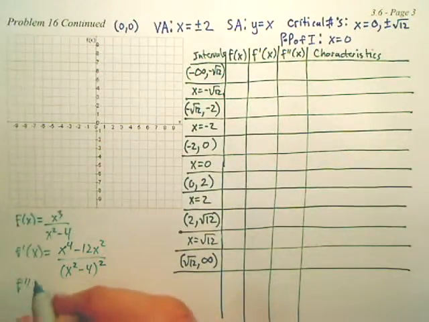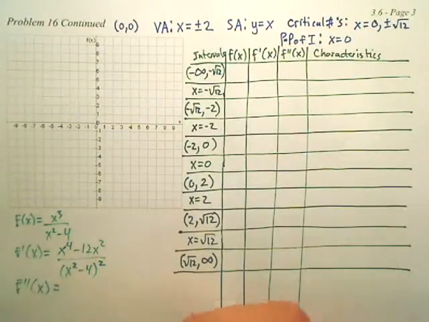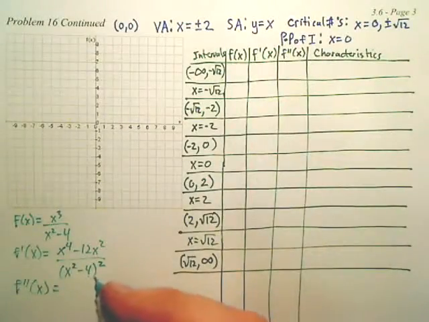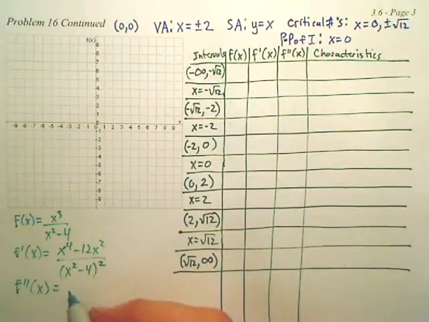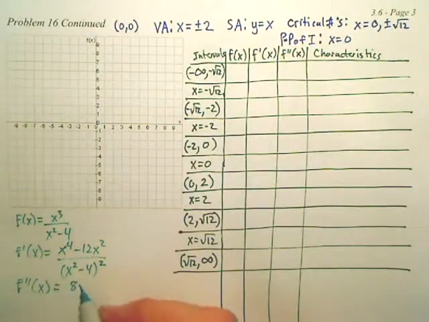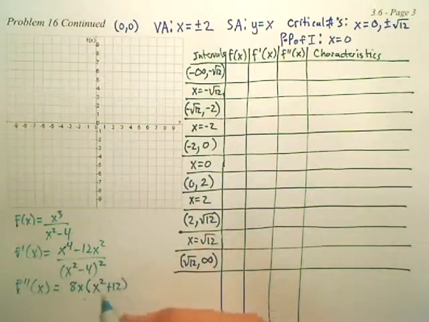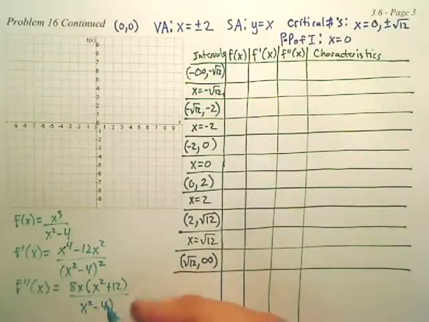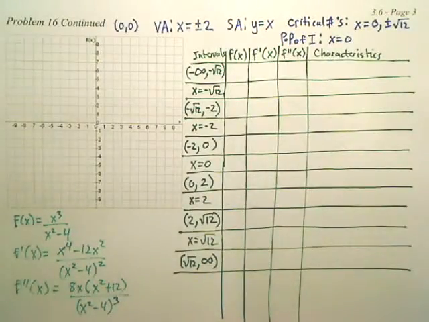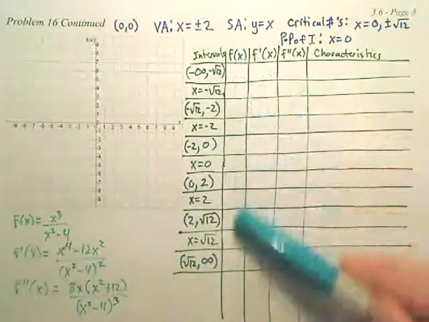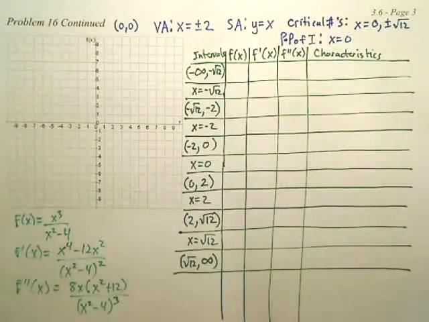And you have the second derivative of x is equal to a simplified version of 8x times x squared plus 12 over x squared minus 4 cubed. Okay, you need those three on this page because for all these columns, aren't we plugging into those three things?